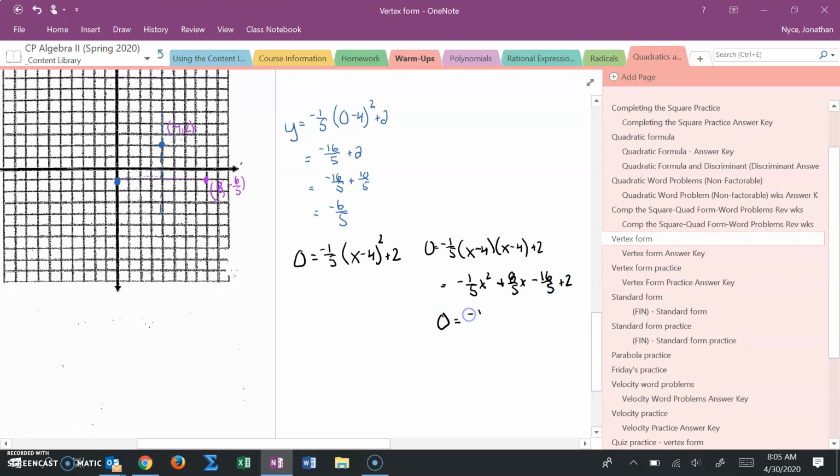You have 0 equals negative 1/5 x squared plus 8/5 x, and we know this would end up giving us minus 6/5. If you multiply everything by 5 on both sides, you end up with 0 equals negative x squared plus 8x minus 6. And then you could go from there and use the quadratic formula. Nothing wrong with that at all.